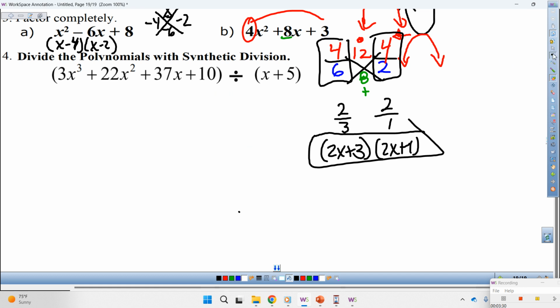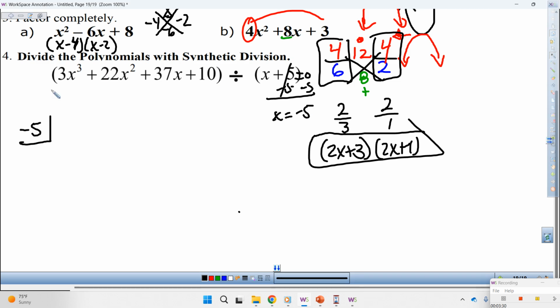Number 4 reads standard synthetic division. Let's see, 3rd degree, 2nd degree, 1st degree, 0 degree, yes. Same thing here, set it equal to 0, so it's minus 5, minus 5. x equals negative 5, so we got negative 5. Coefficients are 3, 22, 37, and 10.